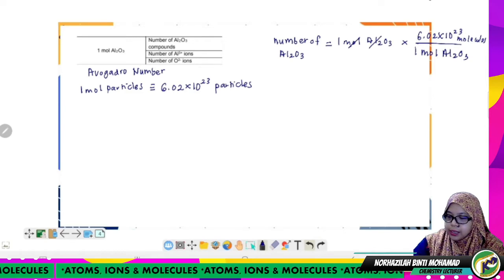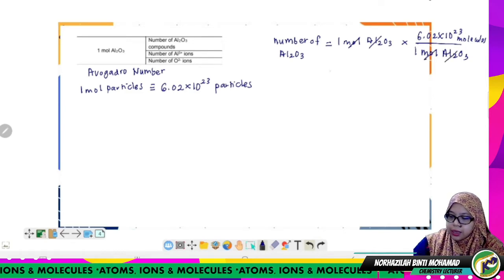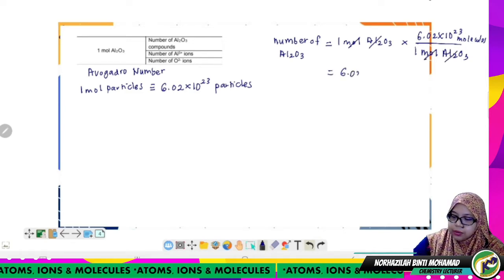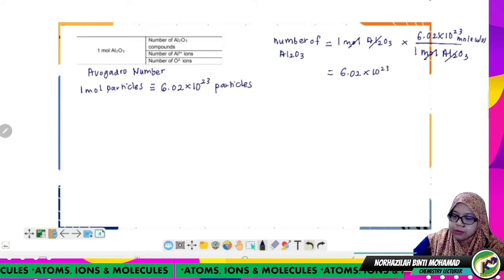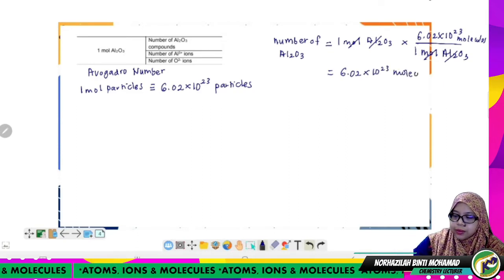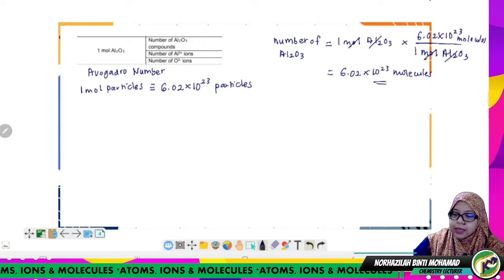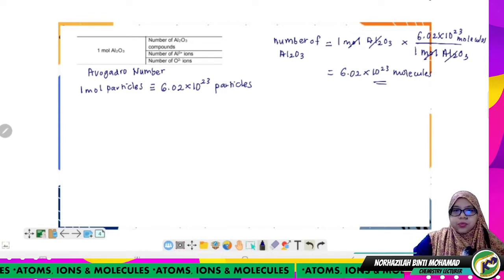So we can cancel the unit and leave the answer as 6.02 exponent 23 molecules. Okay, that is the answer for the first question.